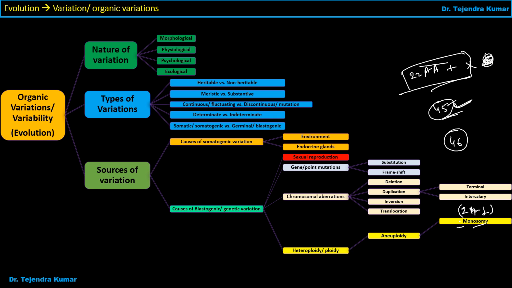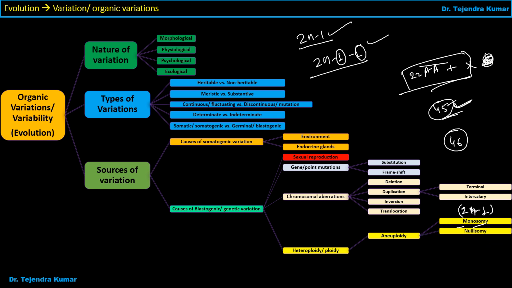So this is called monosomy if one chromosome is missing from the complete set, meaning 2n minus 1. And if I am talking about 2n minus 1 minus 1, it means one chromosome is deleted from one set and a second chromosome is deleted from another set. So this is called double monosomic. This was the single type of monosomic. This is the double monosomic.